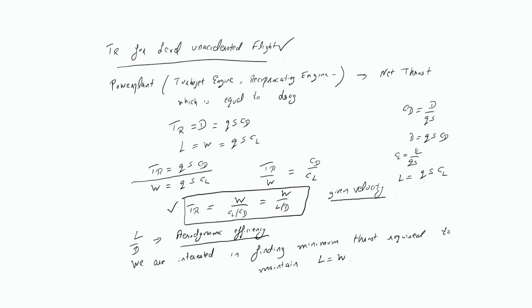Now we are talking about the minimum condition. Let us write this equation again. Thrust required minimum will be W upon L by D max.